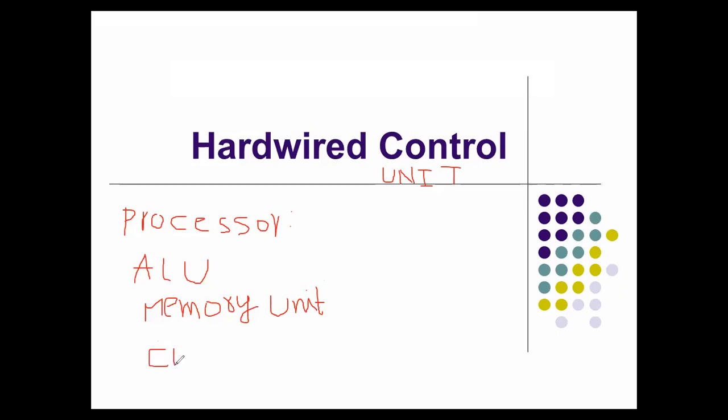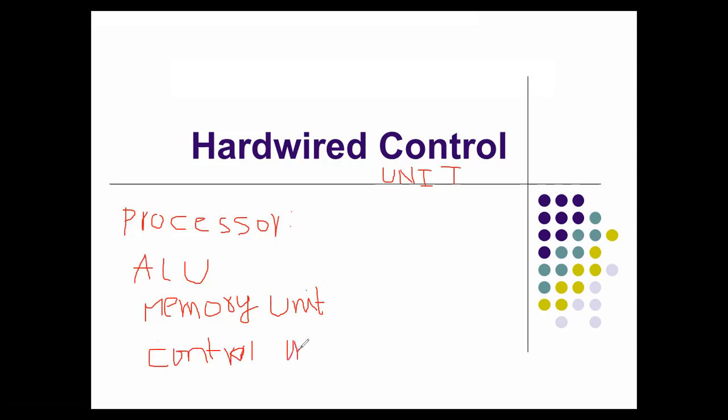This is very, very important. What does the control unit do in the processor? What is the purpose of this control unit in the processor actually?